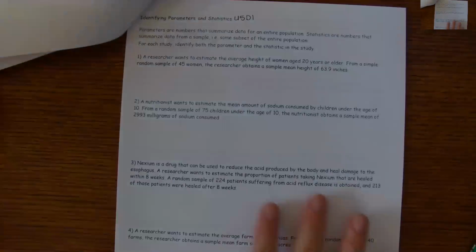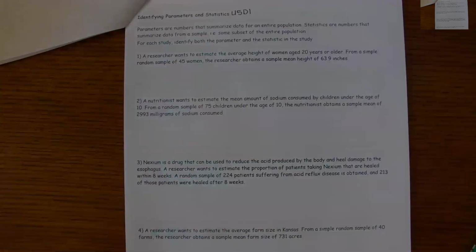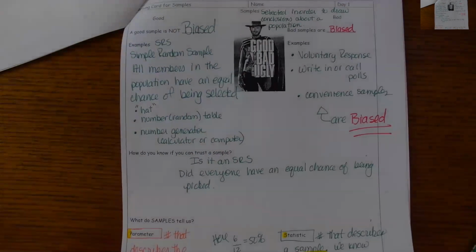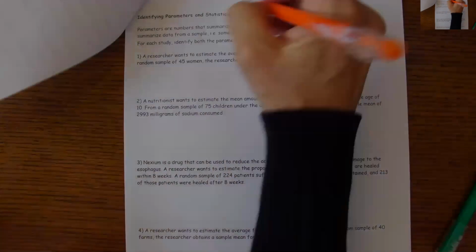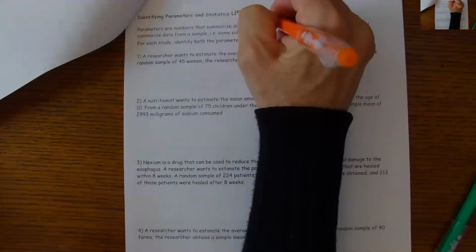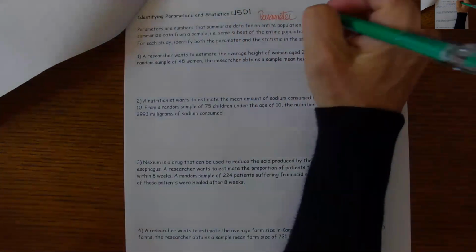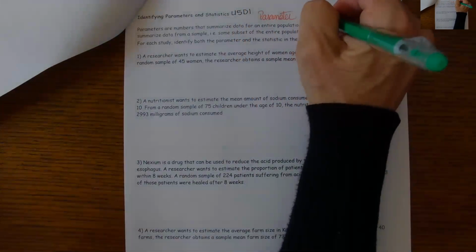If you're here, you can write on this paper. If you're at home, then you're going to have to write in class kick or on a piece of paper and then submit it. So I'm going to do my parameter in orange, and I'm going to do my statistic in green.